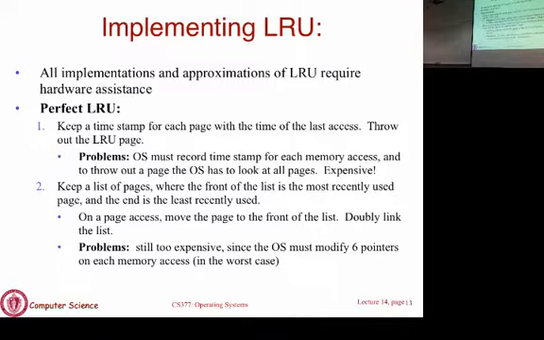So all the straightforward things we know, which is let's keep a timestamp, let's keep it in a sorted queue, let's make it doubly linked, none of that will work here, because we are talking about instructions. Each instruction is just doing one memory access. And to do this bookkeeping, if you have n memory accesses, that's going to be a factor of n slowdown. No matter what you do, you could scan the list, sure.